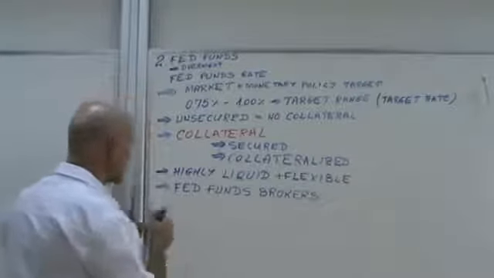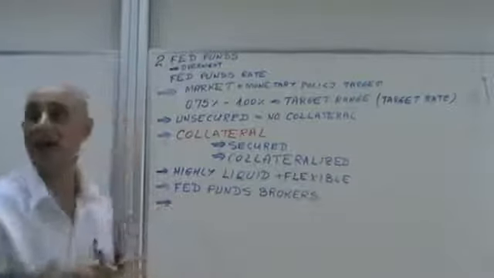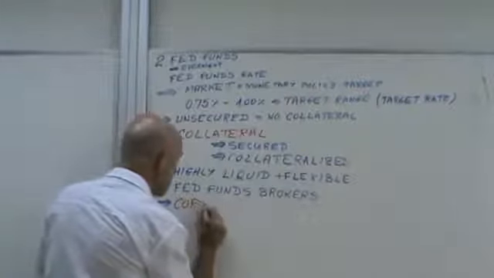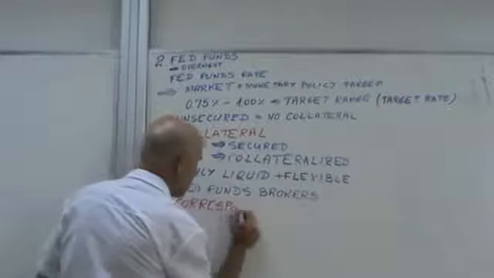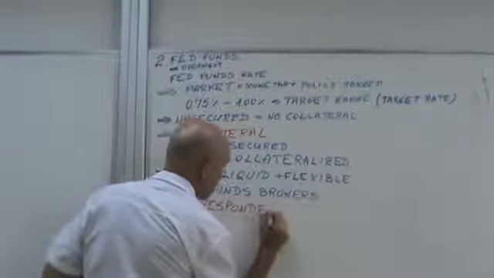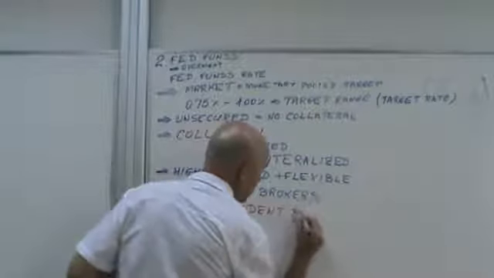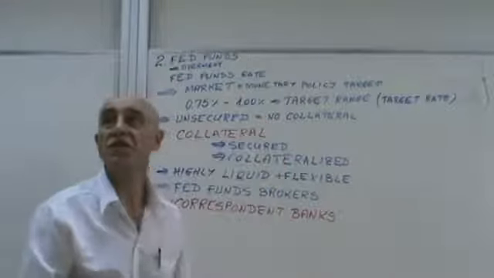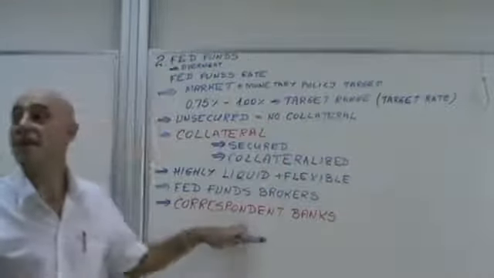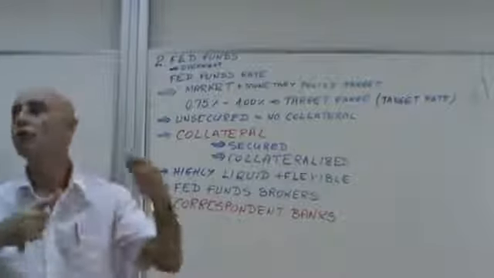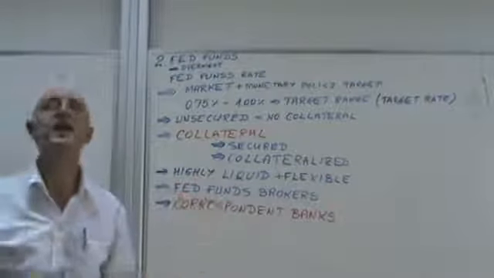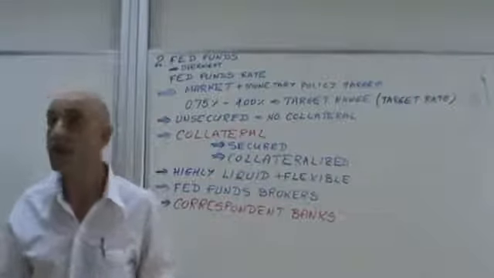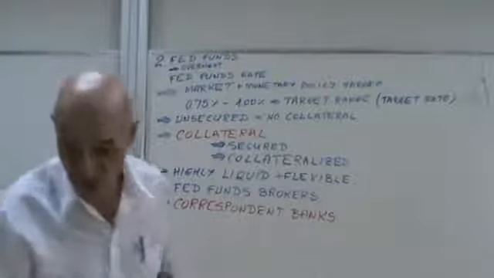In general, in finance, in banking, you got the concept of correspondent banks. The general description is that these banks work with each other, they have a relationship with each other, so they work more closely with each other.